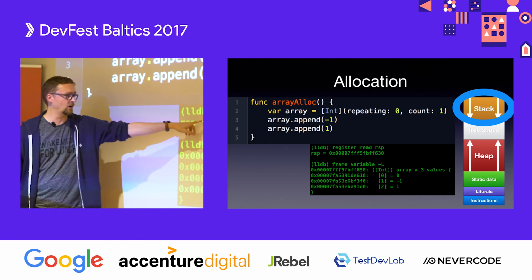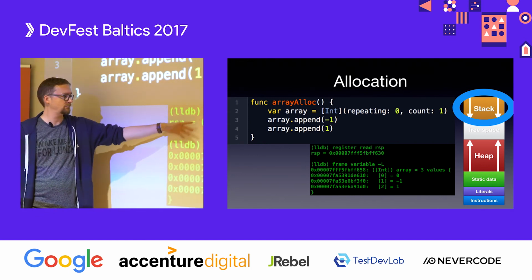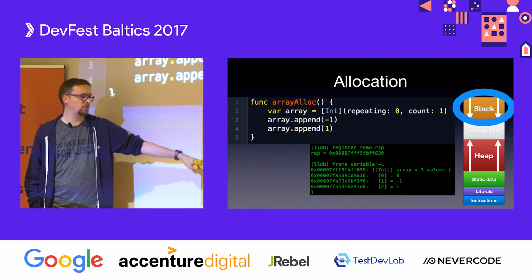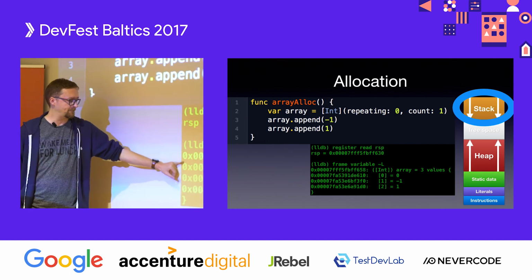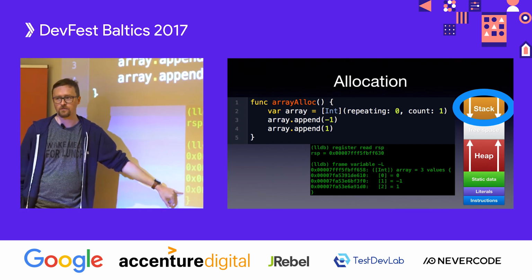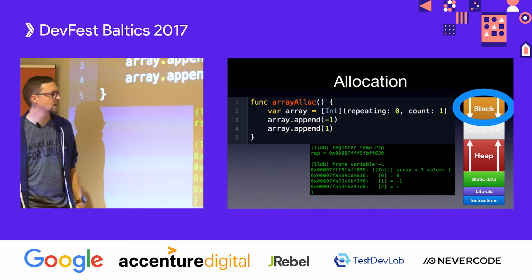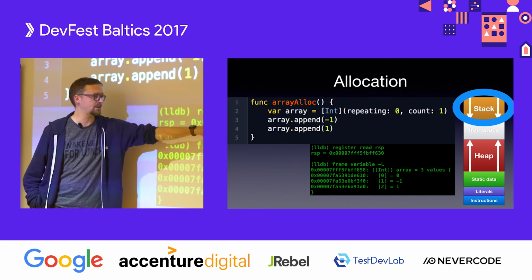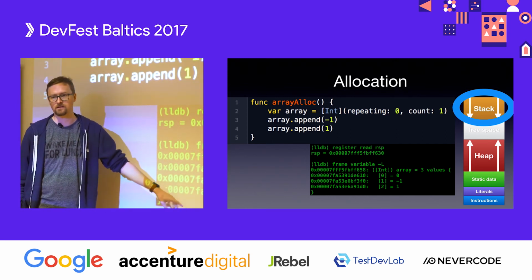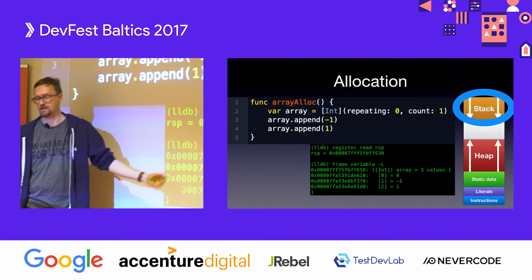You can check the value of the register RSP by reading this register, or with frame variable you can print the current stack frame variables. So I see where the stack is, it's some value, and all the values are close to that, so it's probably the stack.